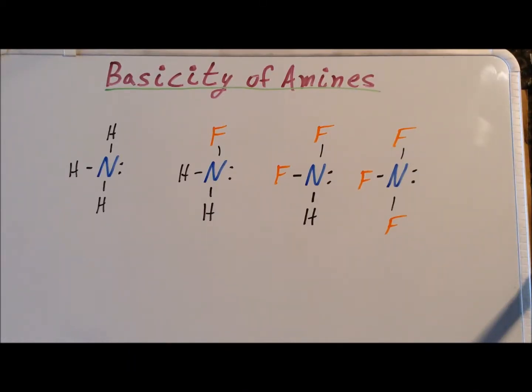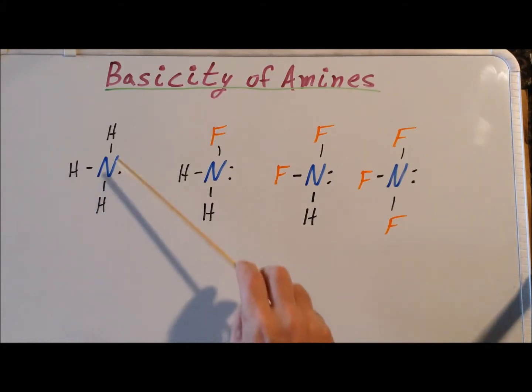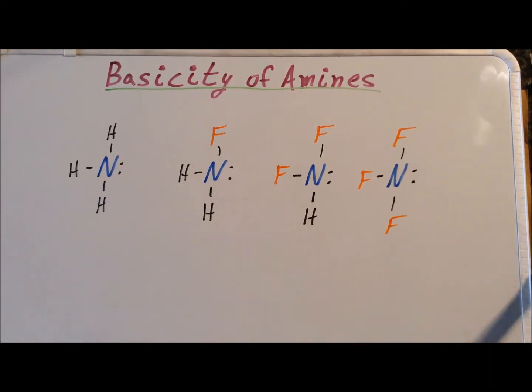A key structural feature in the basicity of an amine is the availability of this lone pair to form the coordinate covalent bond with a proton. Anything which makes this lone pair more available to the proton makes it a stronger base.